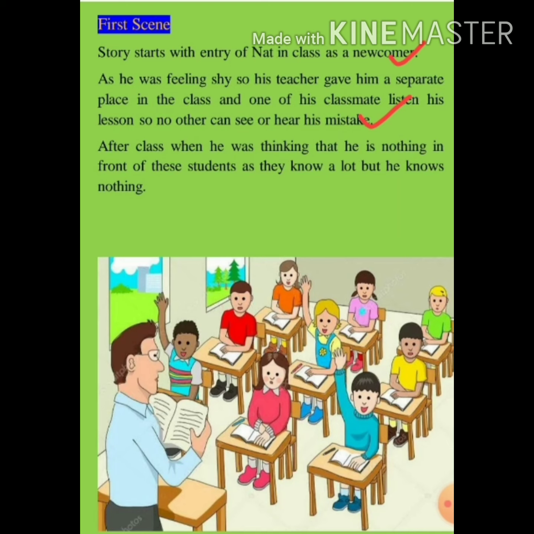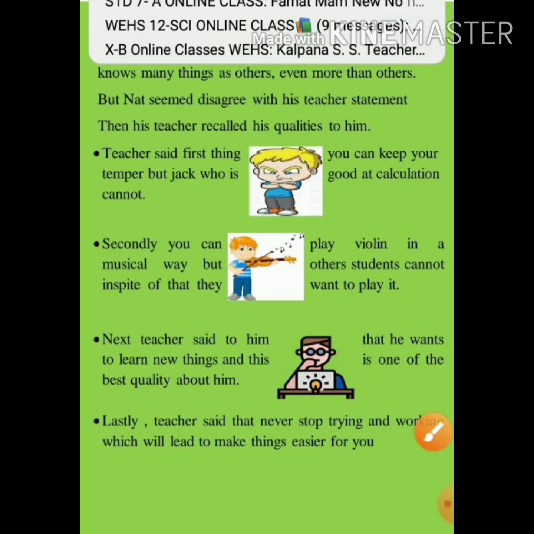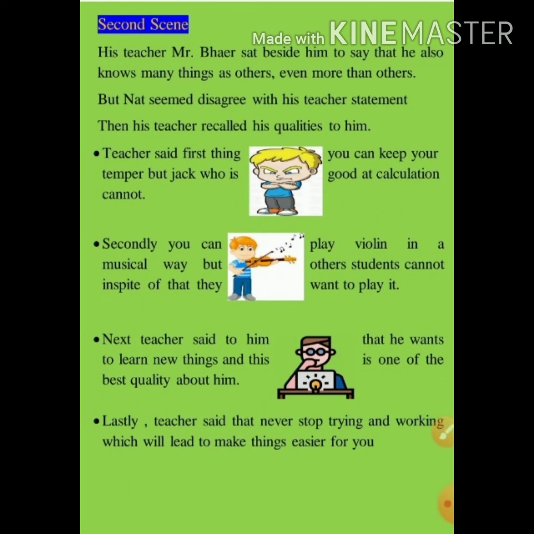Okay, after class, Nat was thinking about other students, how capable they are, very good in all subjects, they know very much, but I don't know anything. Then his teacher came and sat beside him.